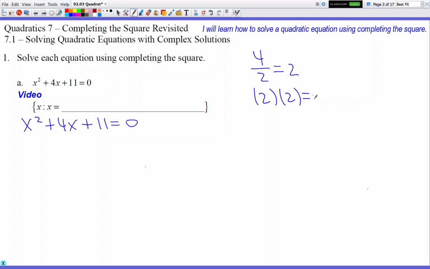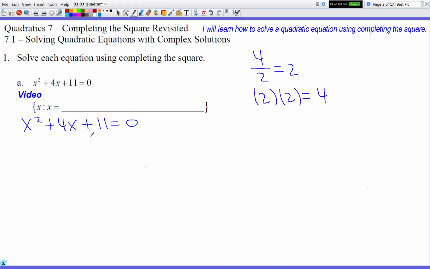The result of that process tells us the number that should be sitting right next to the 4x, which in this case is an 11. But in our situation, we need to have a 4 in that spot. And unfortunately, 11 is not 4. So we need to politely tell 11 to beat it, to get out of the way.